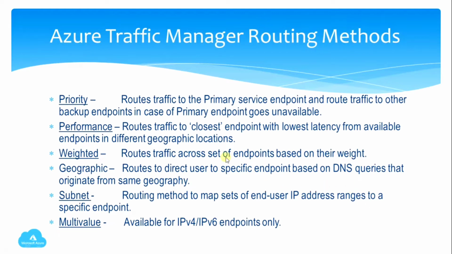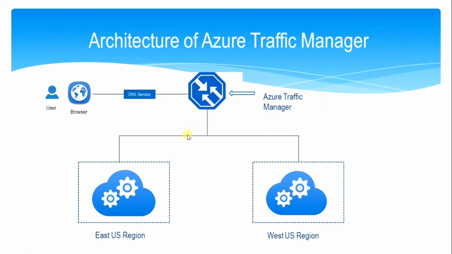Now let us see the architecture of Azure Traffic Manager. In this architecture we can see we have two regions, East US and West US, where the applications or services are hosted. This is the Azure Traffic Manager, which is also a load balancer and a global service.